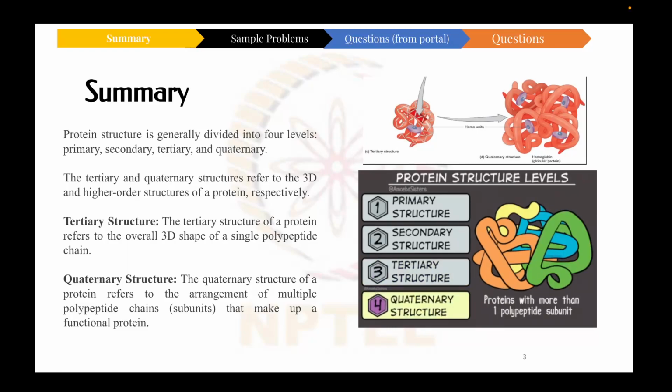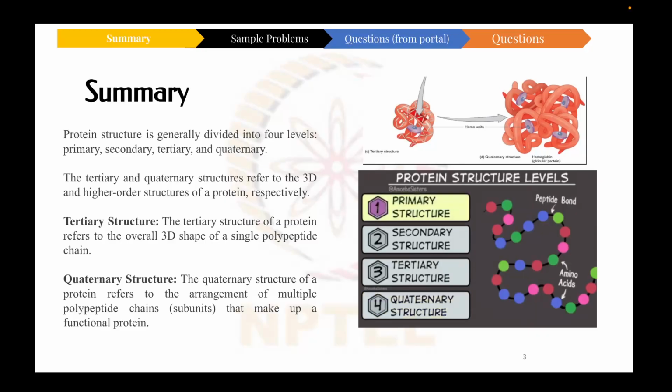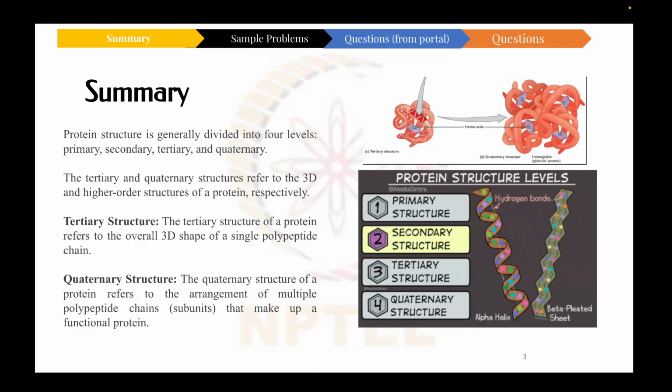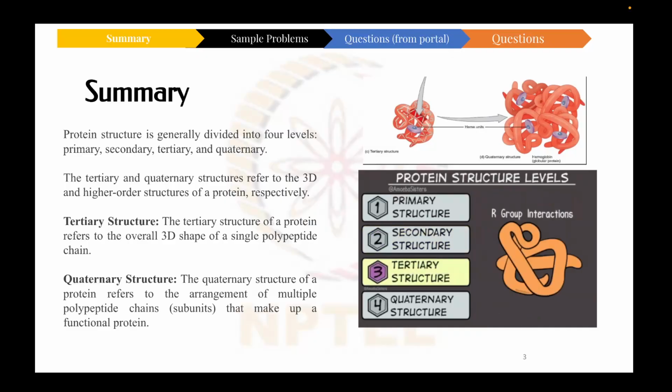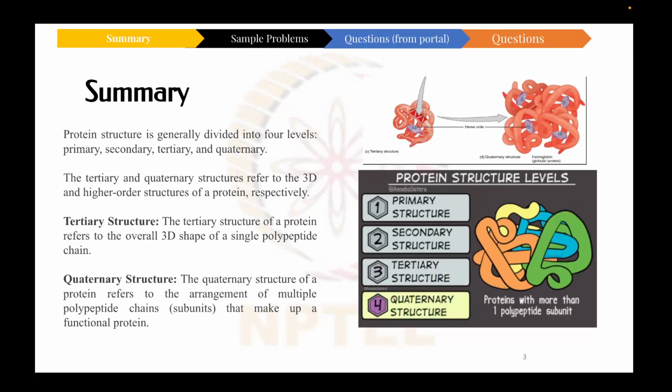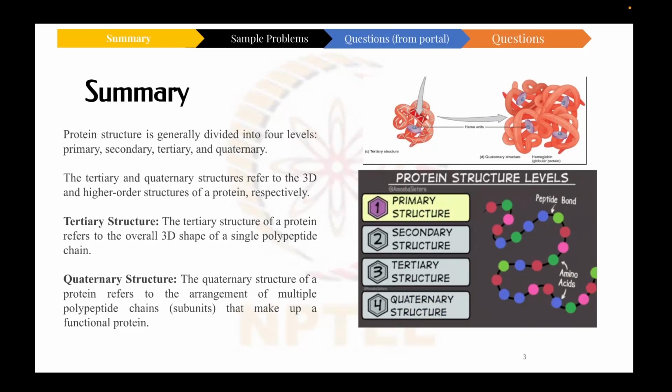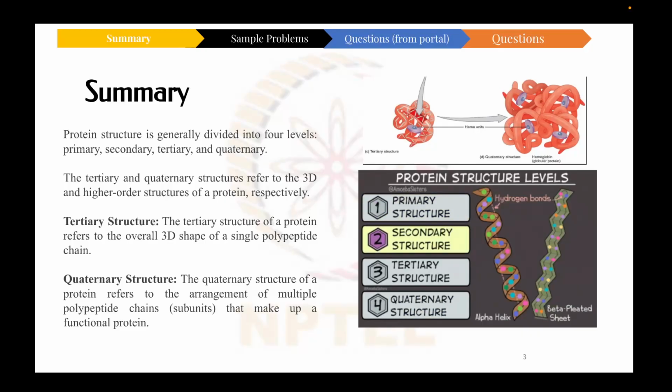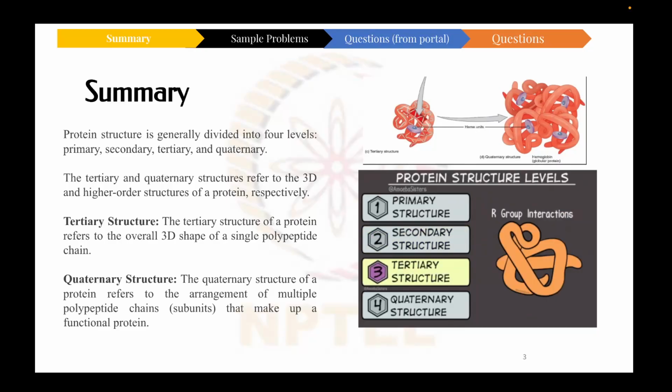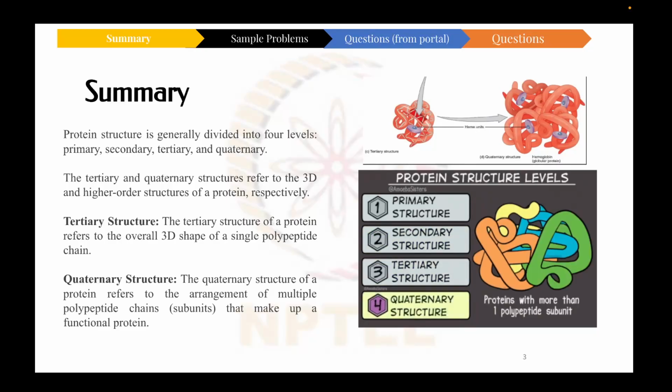Finally, we have the quaternary class. Quaternary structure of a protein refers to the arrangement of multiple polypeptide subunits, that is multiple tertiary chains that make up a functional protein. In this quaternary structure, the subunits, that is the multiple polypeptide chains, can sometimes be identical or different and are held together by various types of interactions, including hydrogen bonds, disulfide bonds and hydrophobic interactions.